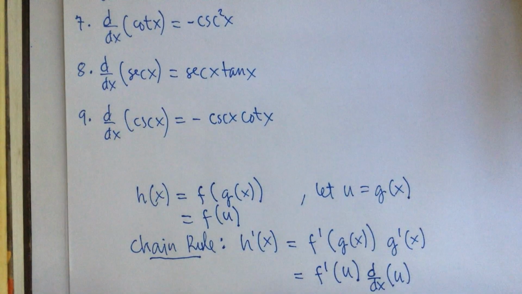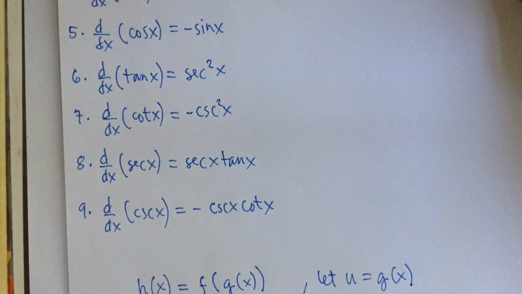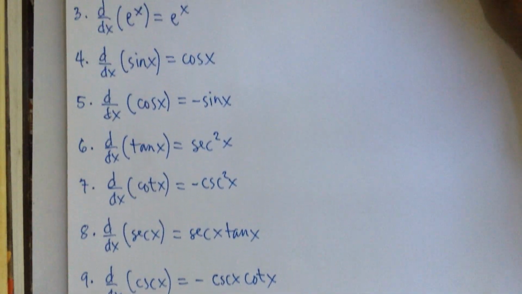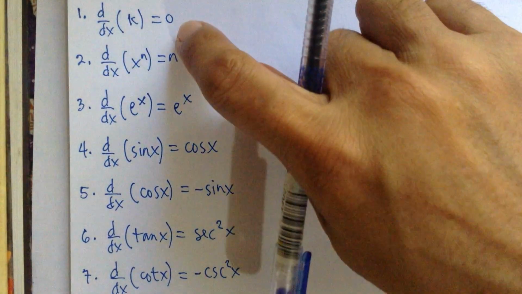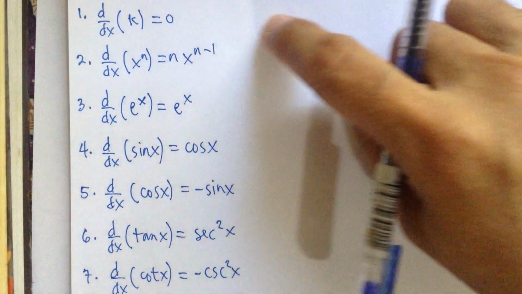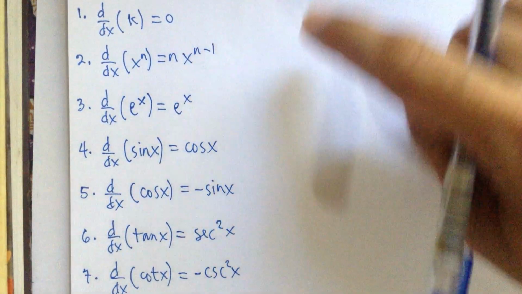So if we relate that chain rule to our differentiation formulas, of course, for the derivative of the constant, we don't have a problem with that.